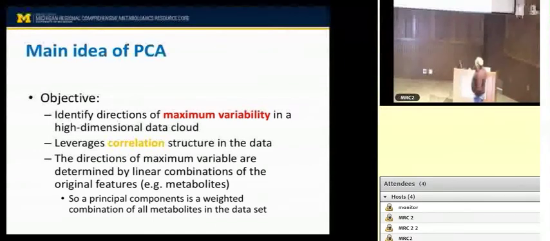Because the technique is essentially trying to summarize the data from this perspective, where there is most variability in the data, because you believe that that's where a lot of interesting things happen.